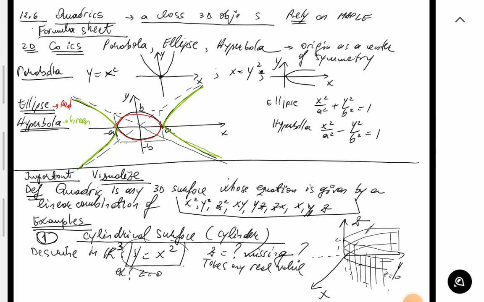Another important application of this trace exercise, figuring out how the trace looks, is because many objects that we're going to deal with are combinations of other objects. Like they will say, for instance, take an ellipsoid, cut it with a plane at z equals 5, and another vertical plane at x equals 2 or something like that.